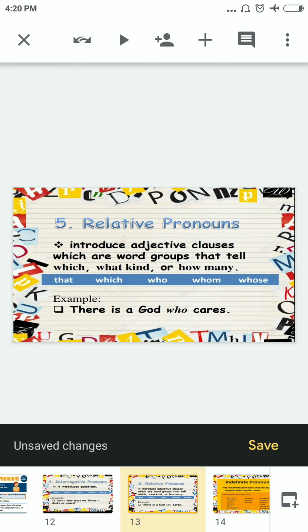Relative pronouns work to show relation. They introduce adjective clauses, which are word groups that always answer these questions: which, what kind and how many. So see that which, who, whom, whose, all these pronouns are considered relative pronouns.